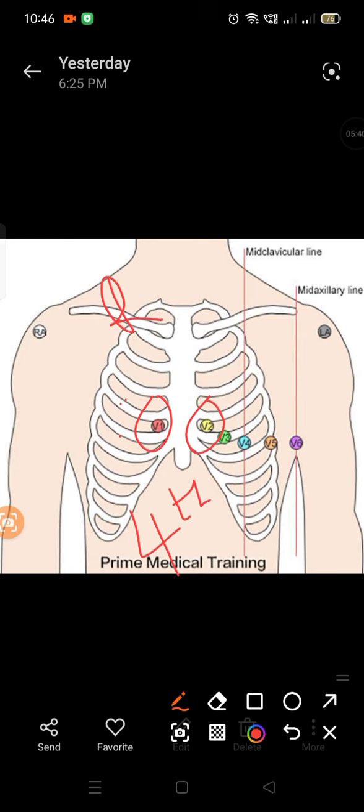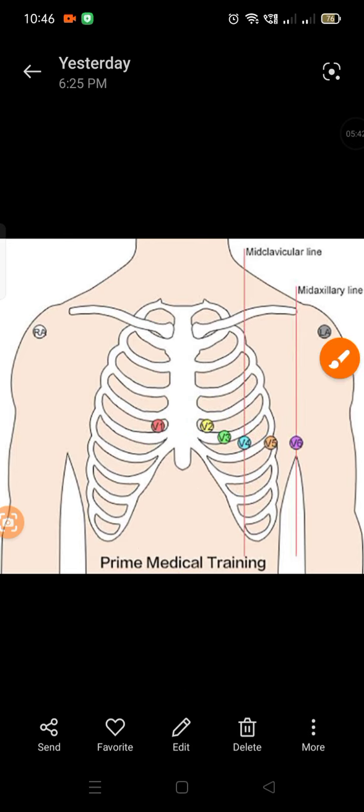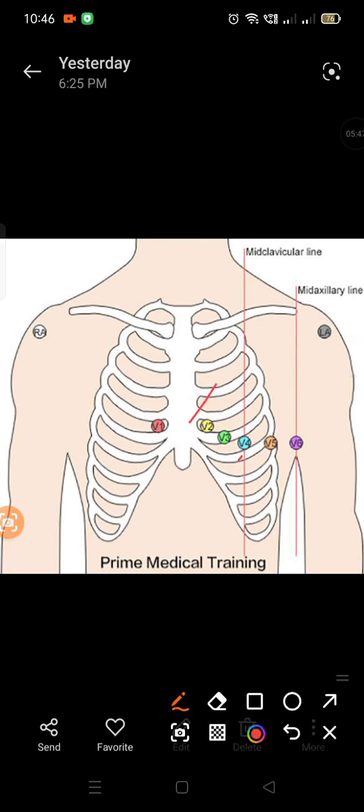Then V3 is between V2 and V4. For V4, this is the mid clavicular line. This is the collarbone, or the clavicular bone. Here on the mid clavicular line, at the fifth intercostal space, we have to keep the V4 lead.